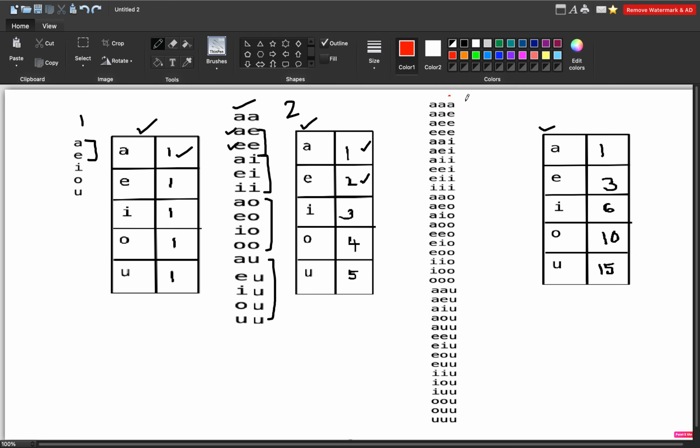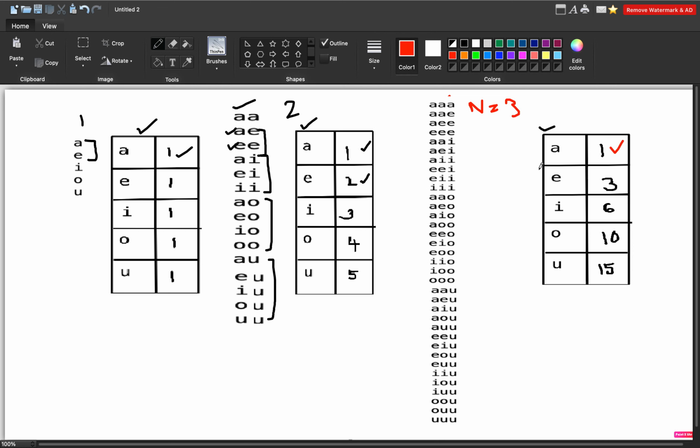In case n is equal to 3, you can clearly see that for a, ending with a is only one string.